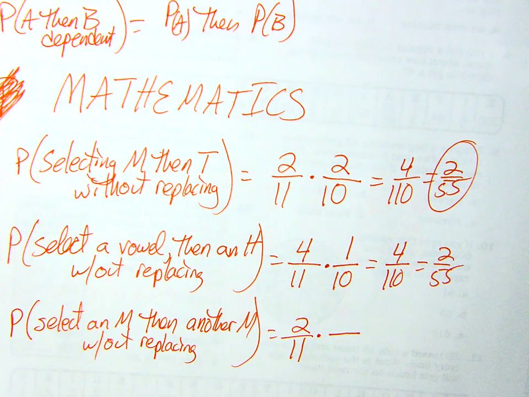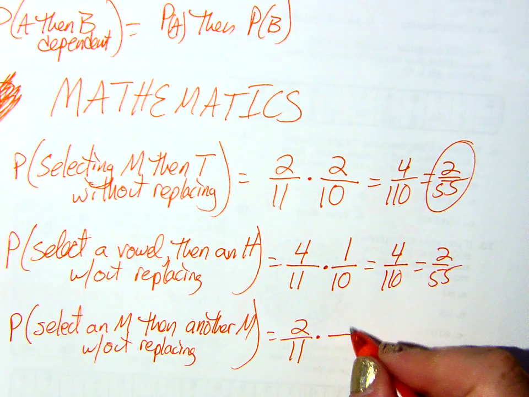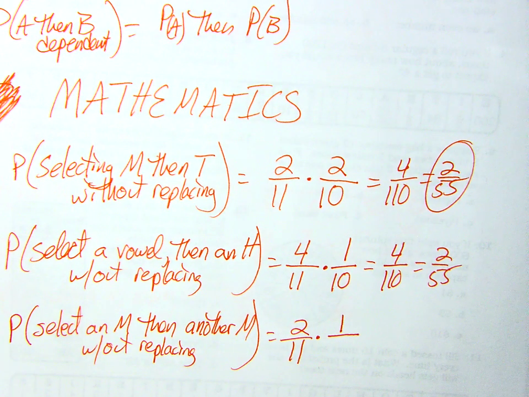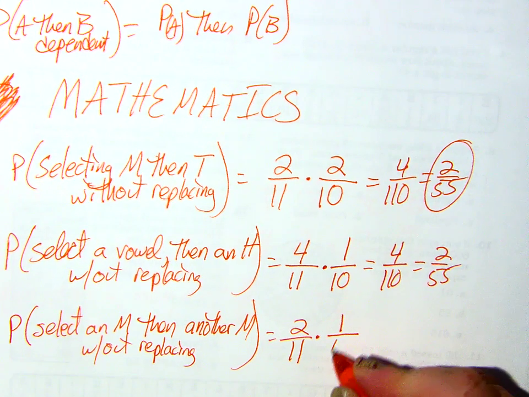I'm going to pick a second card. I'm trying to get an M again. When I go to pick it the second time, how many M's are left? There's only 1 M left because I'm holding on to the other one. So I only have 1 M that's even there. And how many total cards am I picking out of? 10.